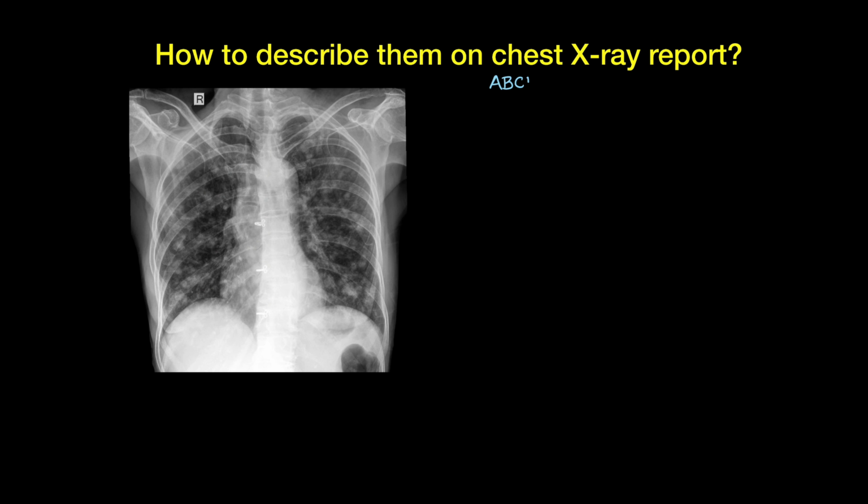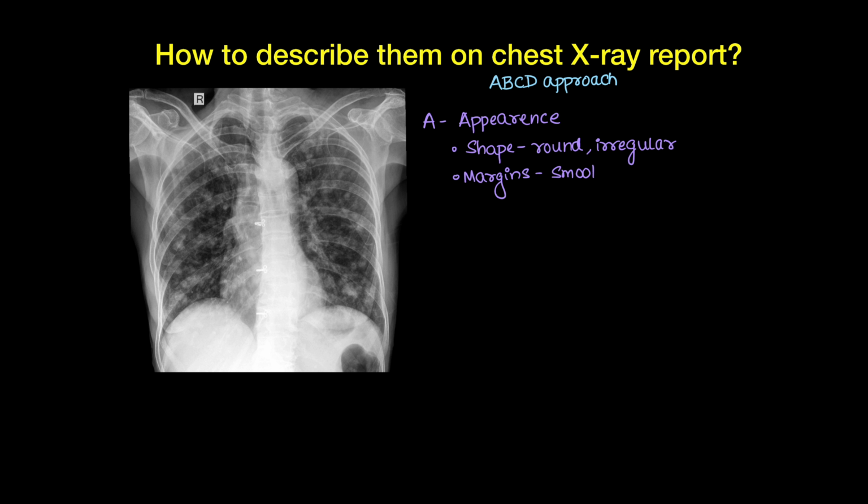In describing the nodules once found on the chest X-ray, we use the ABCD approach. A is for appearance of the nodule. What is the shape? Round or irregular? What are the margins like? Are they smooth, spiculated or lobulated? For B, we have borders, whether they are well-defined or ill-defined.